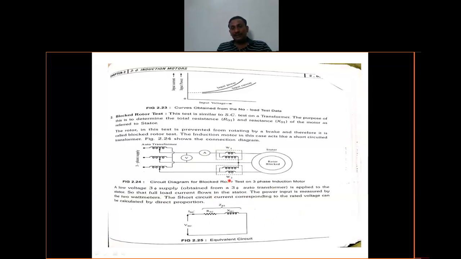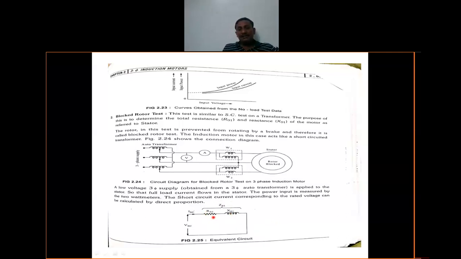Here, what are the various calculations? In the no load test, we can find R naught value, X naught value, no load parameters R naught, X naught, magnetizing current, and working component of current. IW is equal to I naught cos phi naught, I mu is equal to I naught sin phi naught, and no load power factor cos phi naught.